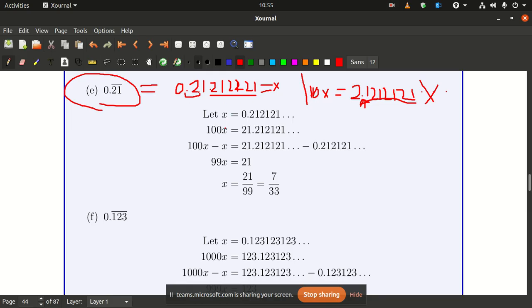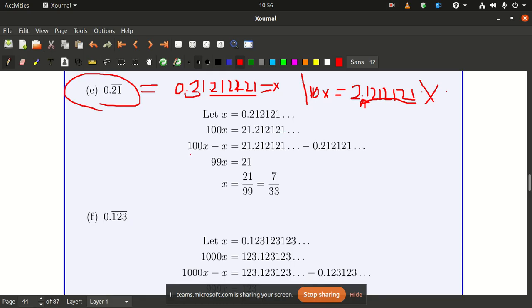Then we try 100x, in other words, moving the decimal 2 times. When we move the decimal 2 times, we have 21 in front of the decimal, and then we have 21, 21, 21, and so forth. When you compare x and 100x, we have 21 after the decimal point, 21, 21, 21 in both. So the numbers after the decimal point are the same.